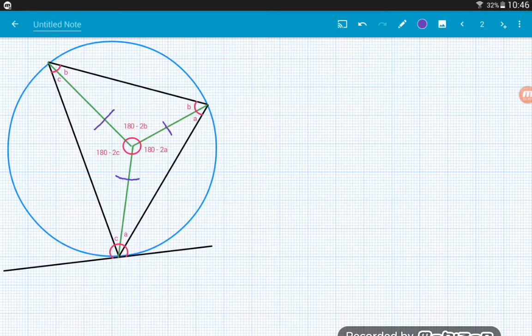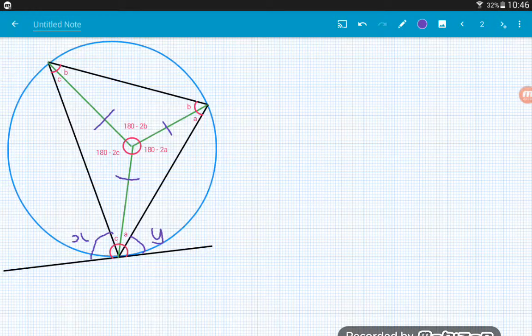The first thing that we're going to do is label this angle here X and this angle here Y. Now we need to notice here that this green line that comes down to the vertex at the intersection with the tangent is a radius. Now a radius and a tangent meet at right angles.